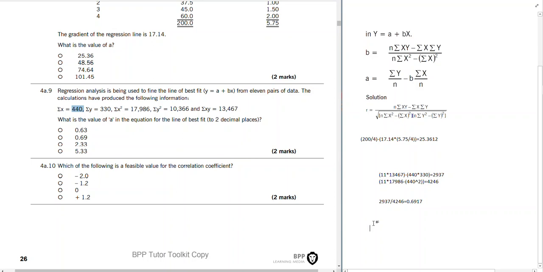Now put this in the formula of a. So we have sum of y, which is 10,366, divided by 11 pair of data, minus 0.6917 multiplied by sum of x, 440, divided by pair of data 11.